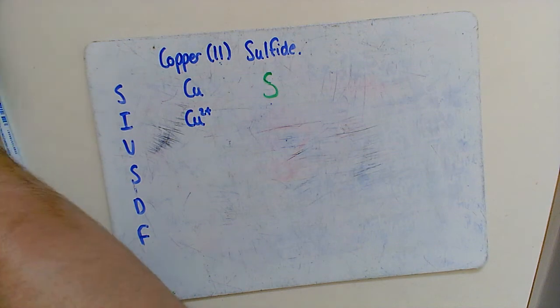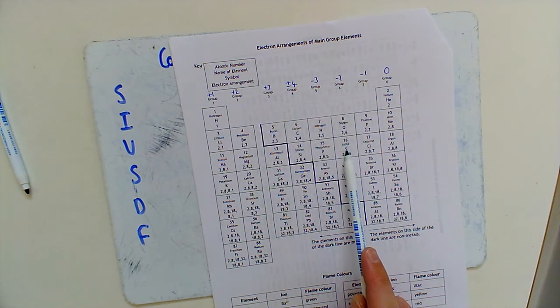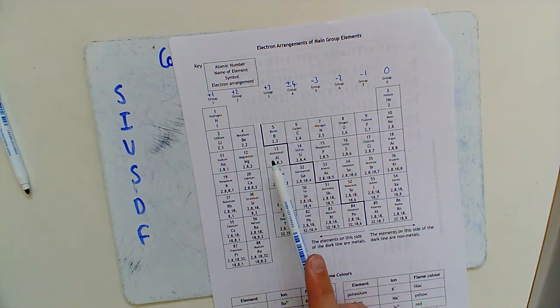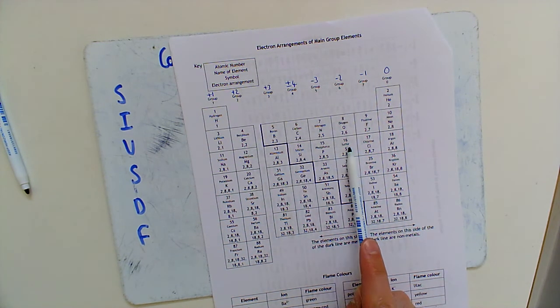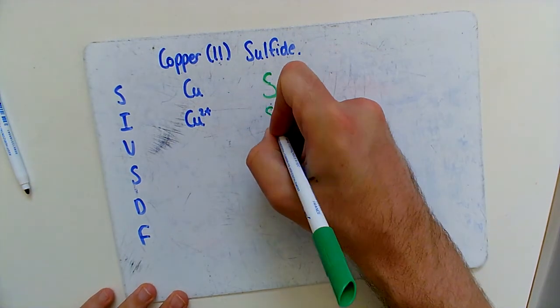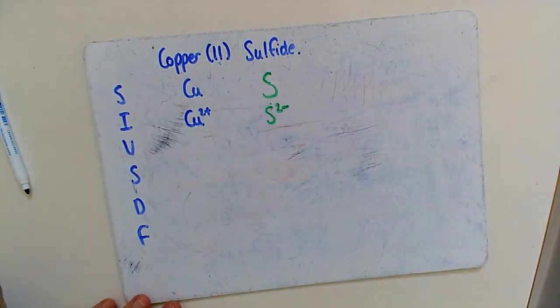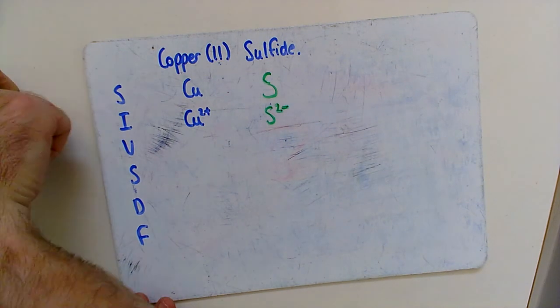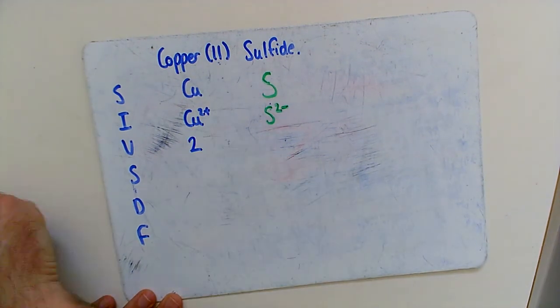Sulfur is in group 6, so sulfur's here, charge goes +1, +2, +3, plus or minus 4, -3, -2. So it's got a charge of 2-. The valency, again, well, copper, it's got 2 here, so the valency is 2.